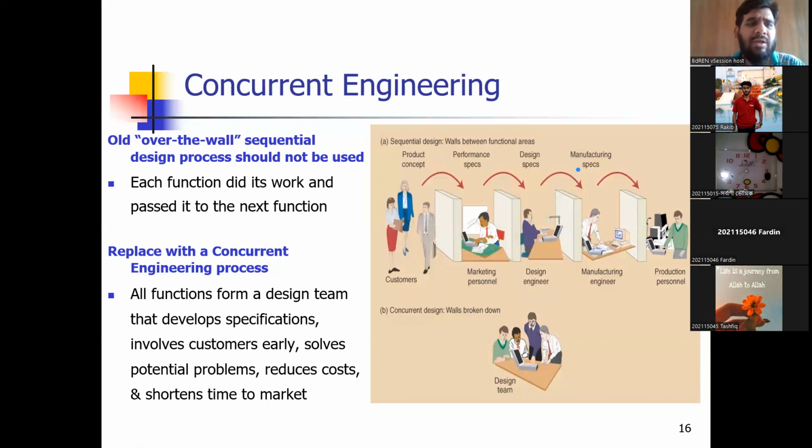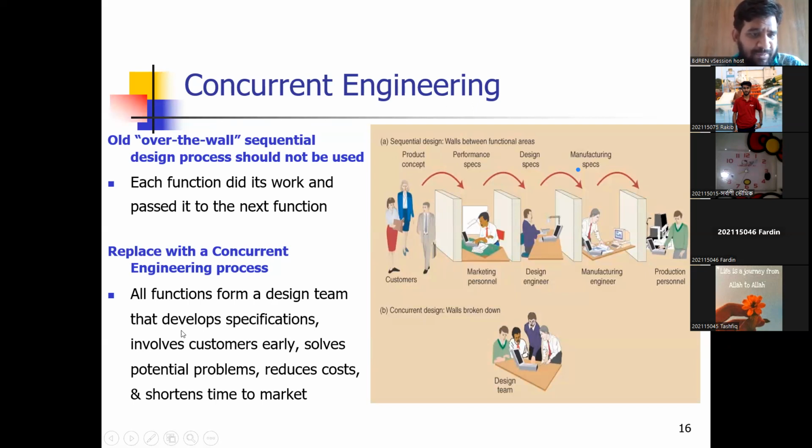You are removing the over-the-wall system. Each function did its work and passed it to the next function. Rather, you will replace it with a concurrent engineering process. The concurrent engineering process means all functions form a design team.